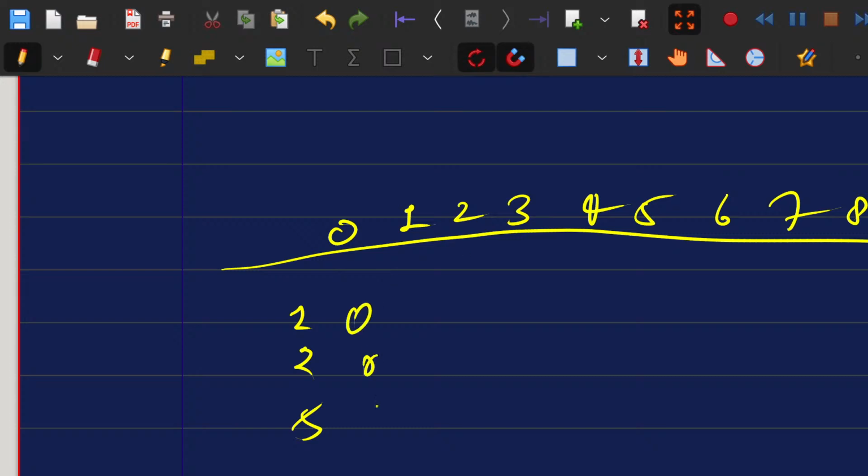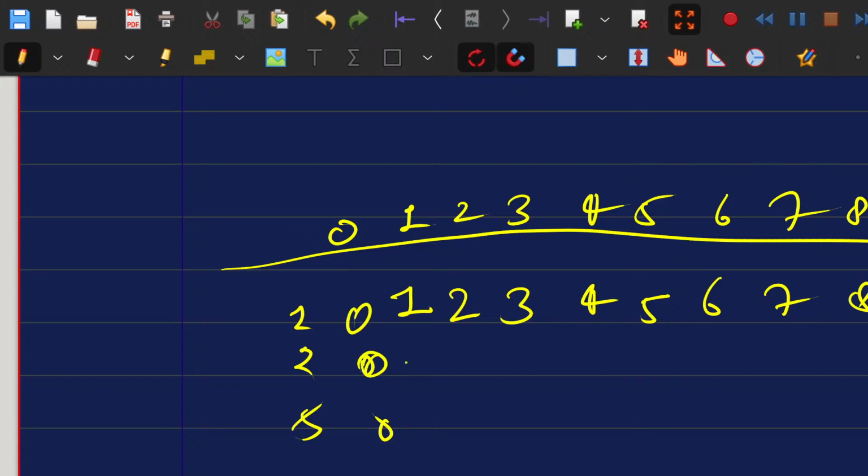This is all 0, right? 1 is 1. This is maximum, not maximum, because i minus 1, right?